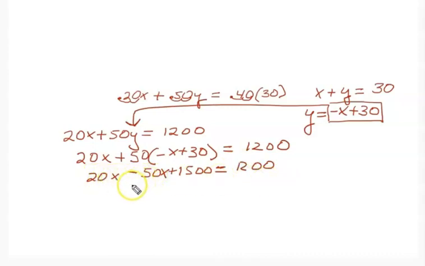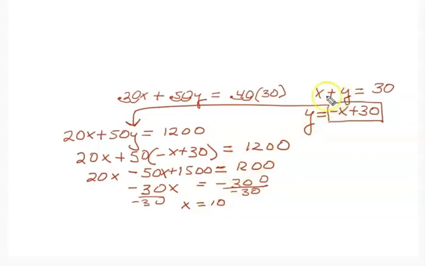Grouping our like terms here, we get a negative 30x equals, now when we bring our 1500 over to this side, it becomes a negative 1500. So this becomes a negative 300. Going to divide both sides by a negative 30. And we get then x equals 10.